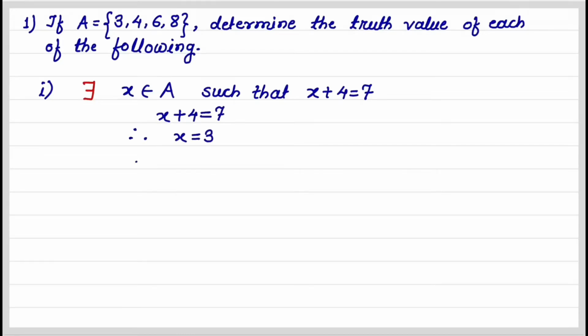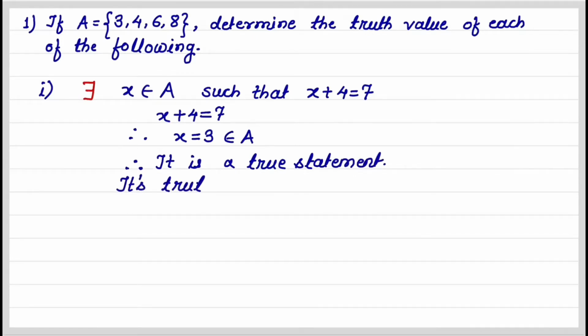If the value of x belongs to A, then the statement is true. Here we get x is equal to 3, which belongs to A. Therefore, the given statement is true and its truth value is T, capital T. When we use the existential quantifier, we must have at least one value satisfying the equation.